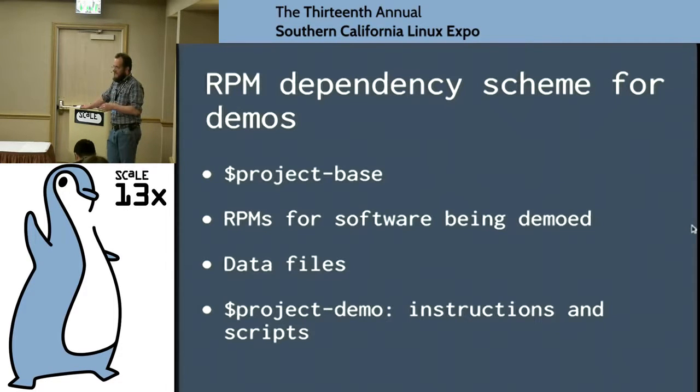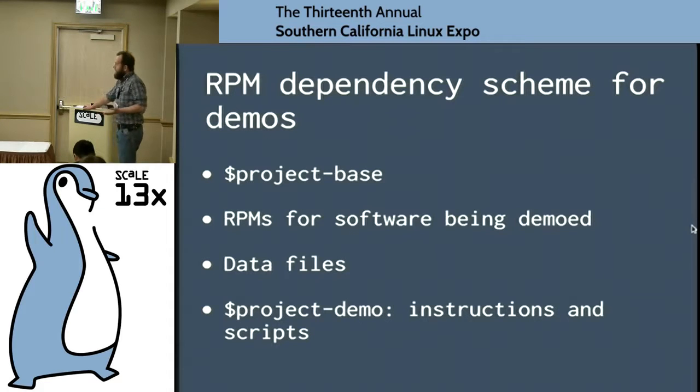Everything depends on that. This gives you an easy way to blow everything away and start over. You don't have to do a yum remove on whatever all packages you've installed. You make everything depend on base. You can stick any common stuff that needs to be the same across multiple demos into that base package.